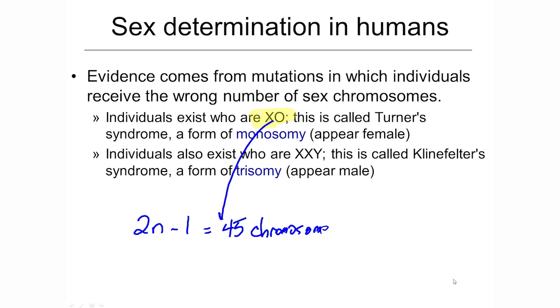So the situation where you only have 1 X chromosome and no other member of the pair is known as Turner's syndrome. And as I said, monosomy is a good word to know, meaning 1, but 1 in the sense of where there should be a pair, now there's only 1. So there's, in a sense, a dosage problem in that there's too little, right? You're supposed to have either 2 X's or an X and Y. All you have is the 1 X.